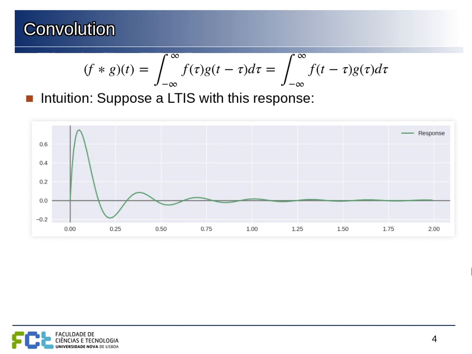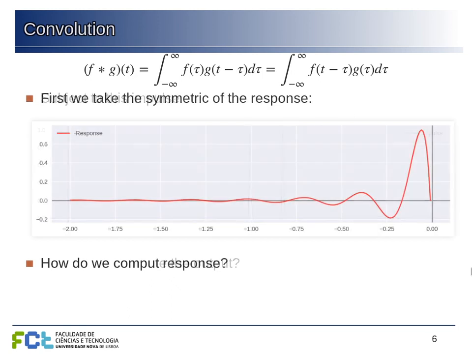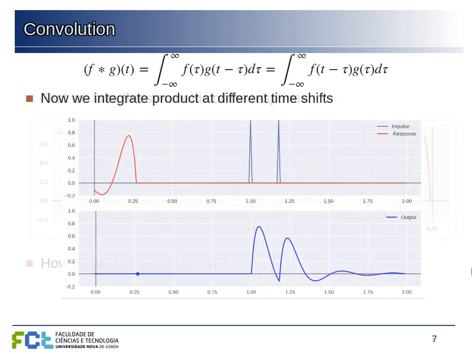And this is where the convolution helps us solve this problem. So we can take the inverse of the symmetric of the response, and now we can use the convolution operator to compute this product of the integrals at different time points, at different coordinates in time.